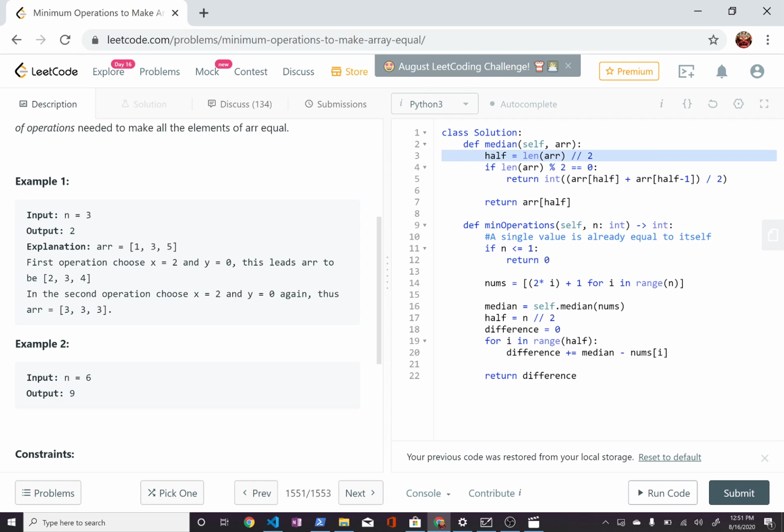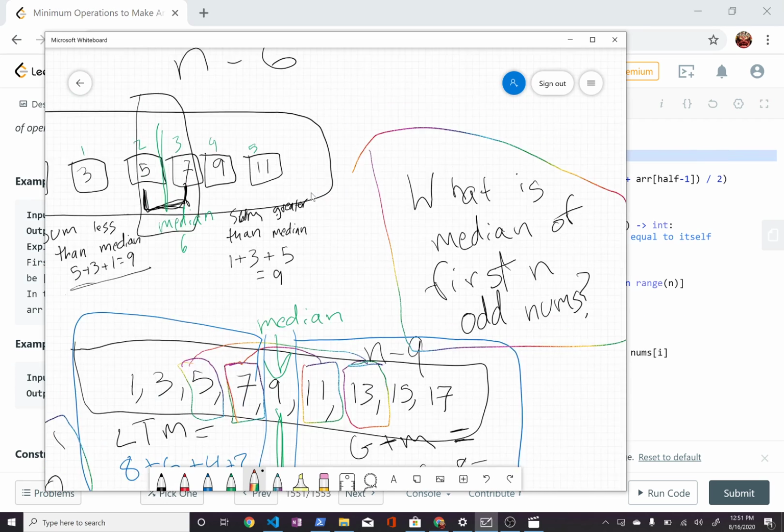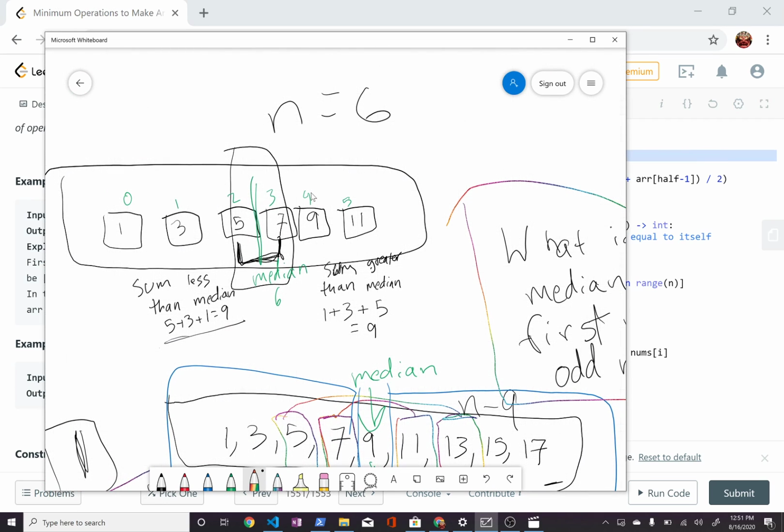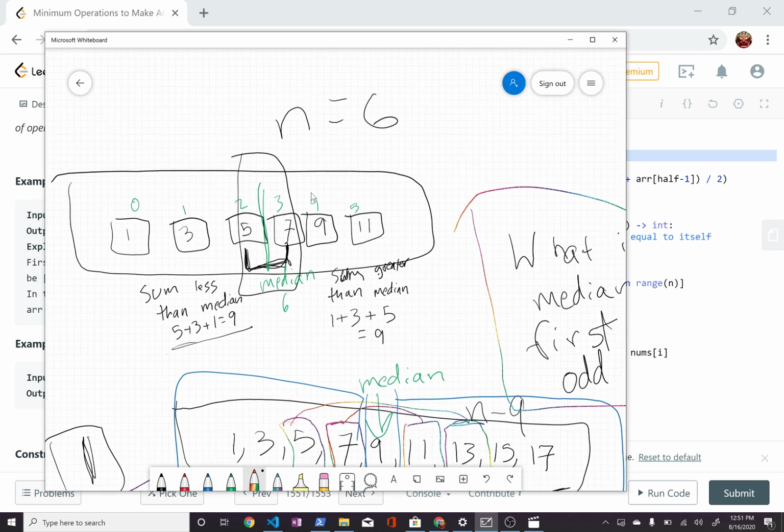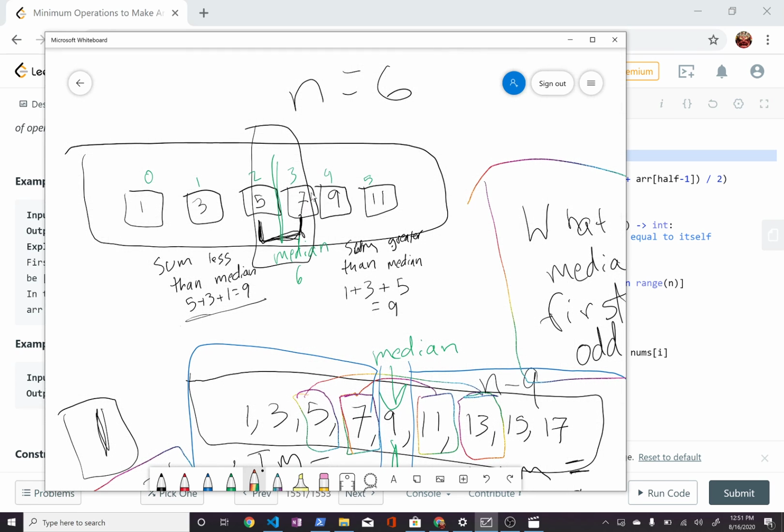It's the half point and one before the half point. So on the whiteboard, it's this case where, let's see, n is 6, so 6 integer divided by 2 is 3. The midpoint here is 3. So we'll use 3 and the one before it as our median. The average of those two values will be our median.